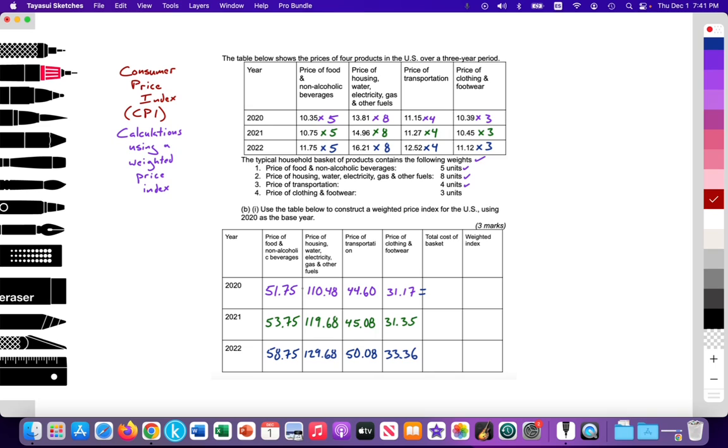So 51.75 plus 110.48 plus 44.6 plus 31.17 equals the total value of that basket, which is $238.00. Let me just make that a little bit clearer, just in case you can't see that well.